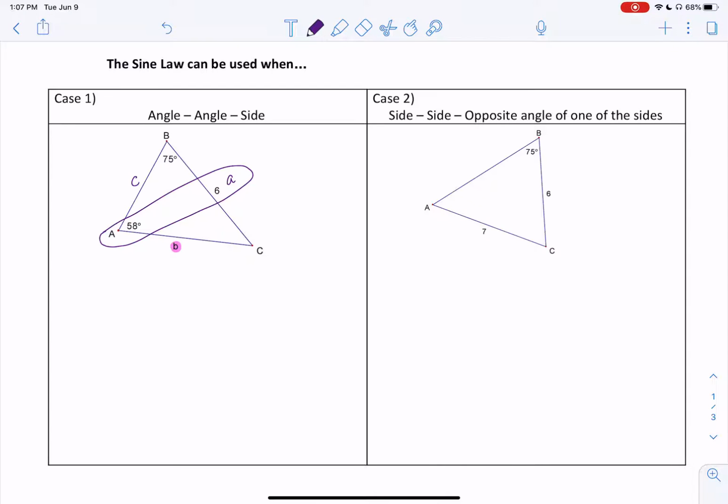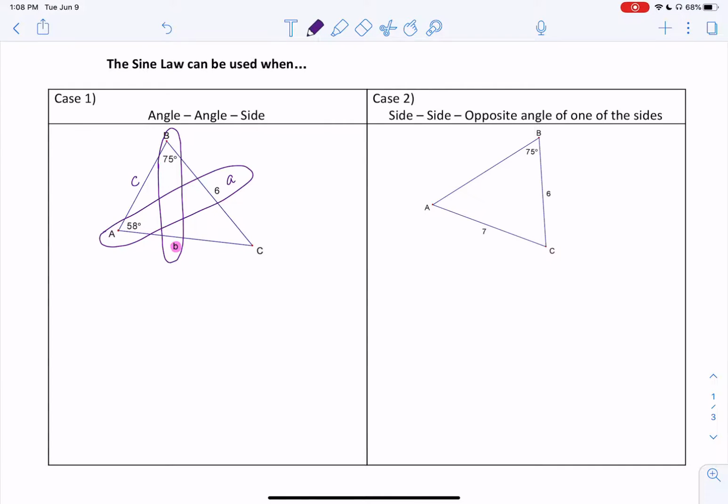See here how I have a value for big A and little a? I like to refer to that as a full pair. I have both the angle and side value. And then I have this little half pair where I have my capital B, I have the angle value, but I'm missing the side. So now we know that we have our B's circled and our A's circled.